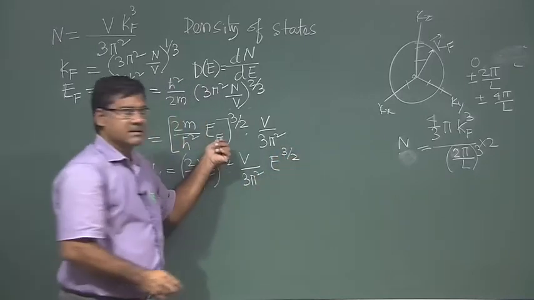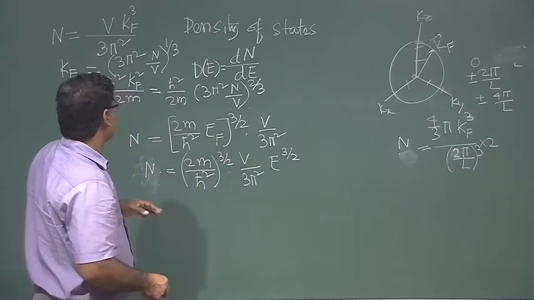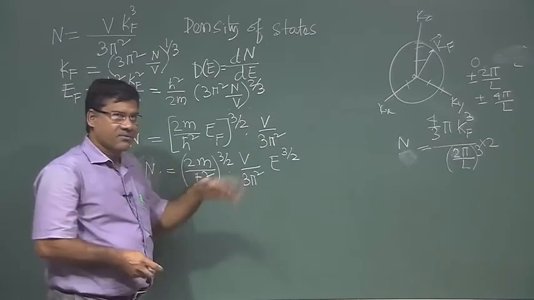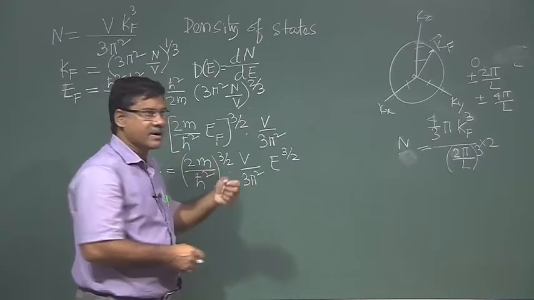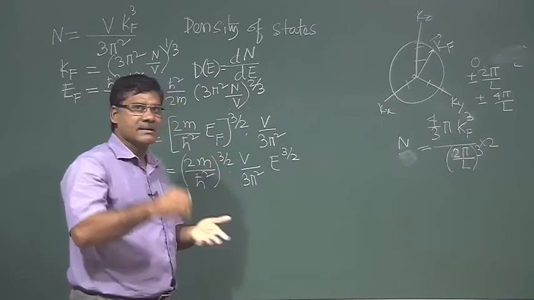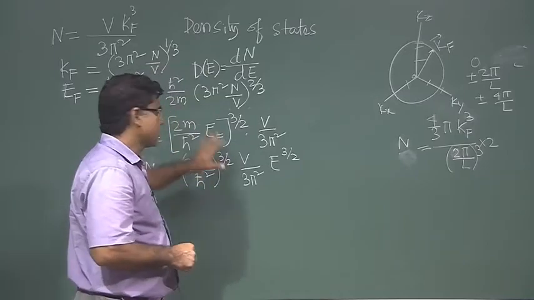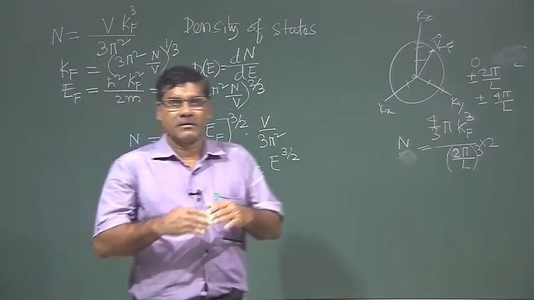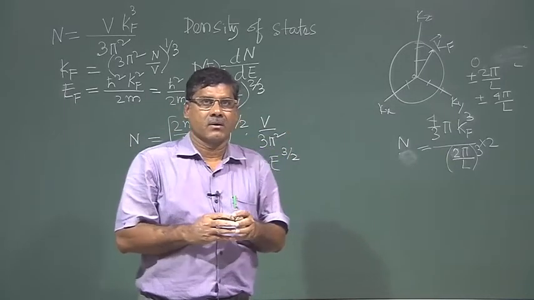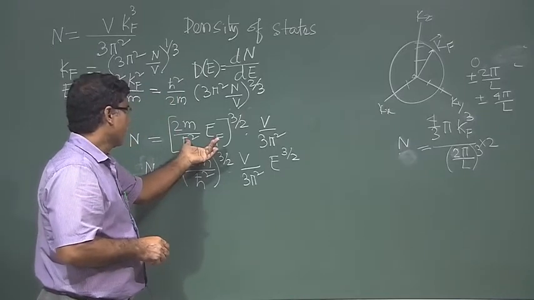So, I remove this suffix F because I want to find out in general number of states at defined energy. So, here just we have used the condition that inside the Fermi sphere all electrons will be there, okay.